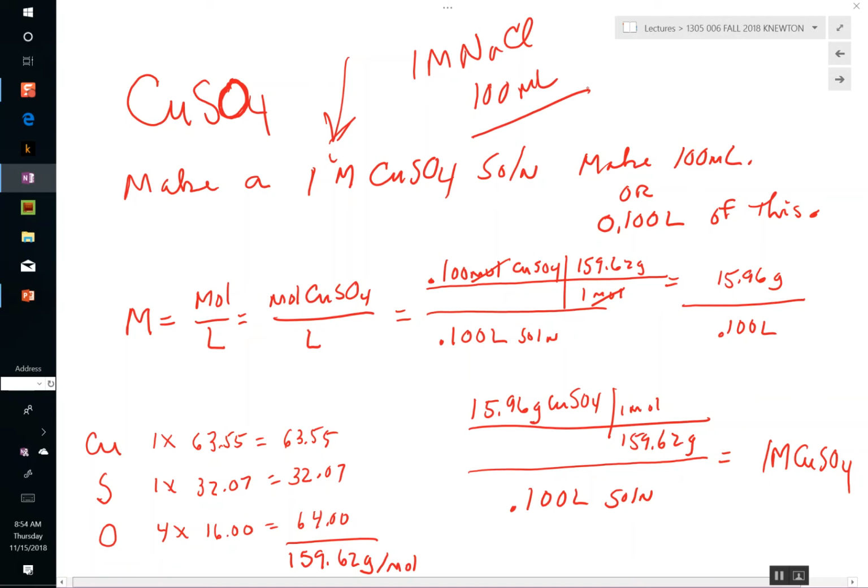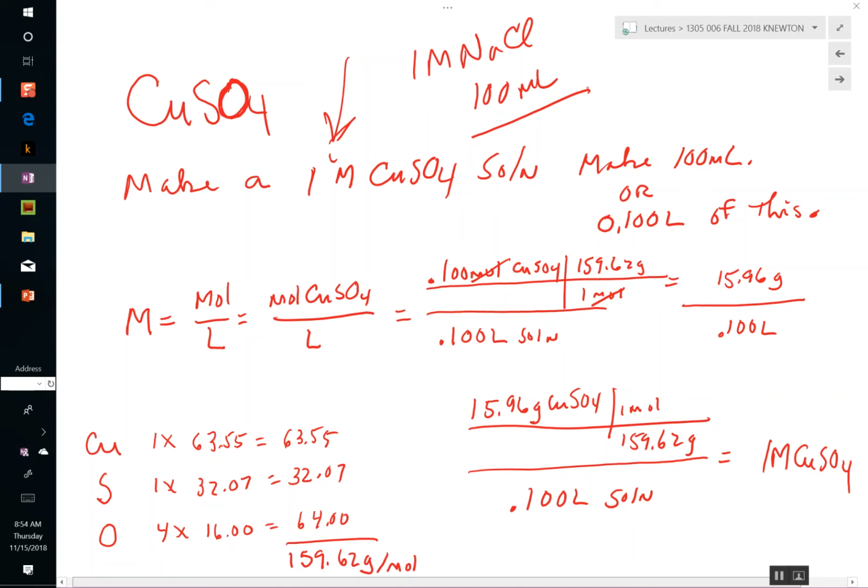But here's our copper sulfate. You see, and we can see the concentration here. Boy, I wonder if I exceeded its solubility. I probably did. Copper sulfate may not be this soluble.